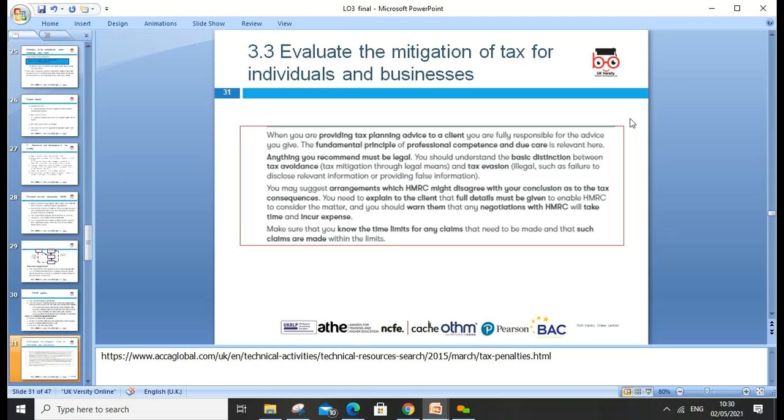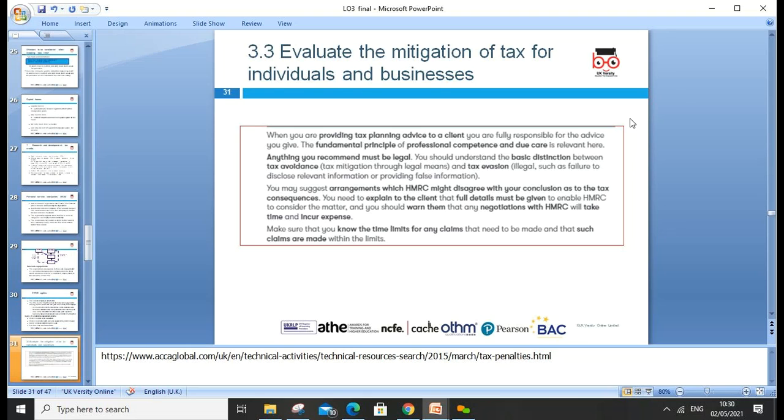Anything you recommend must be legal, and you must understand the basic distinction between tax mitigation through legal means and tax avoidance, which is illegal, such as failing to disclose relevant information or providing false information.